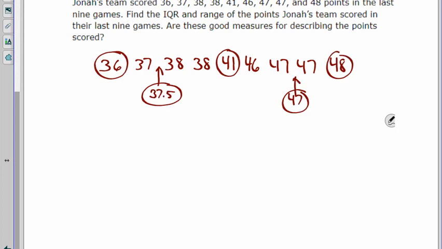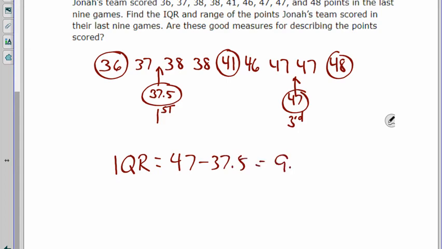And the IQR, we could put it on a box plot, but it's basically the third quartile, right here, minus the first quartile. The IQR is 47 take away 37 5/10, which is 9 5/10. The range is the maximum minus the minimum, and that is 12.